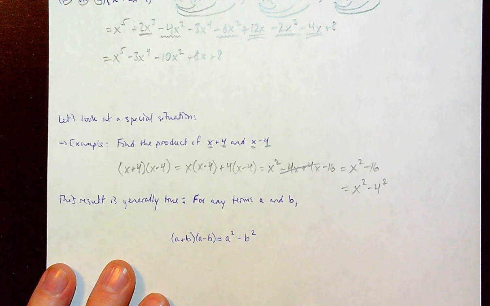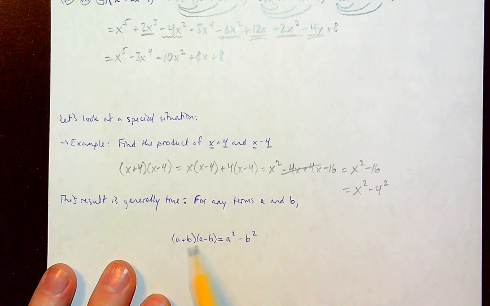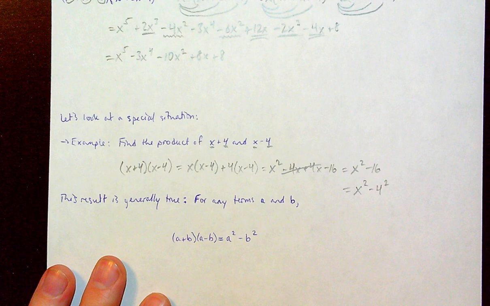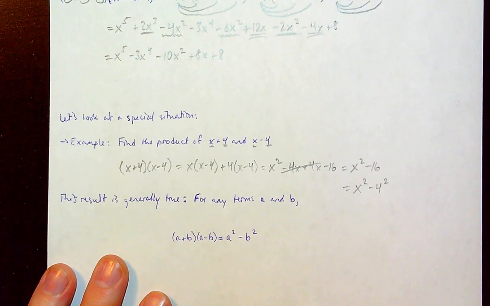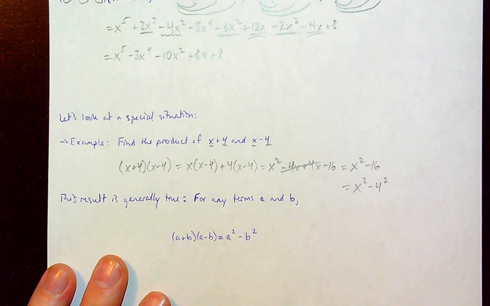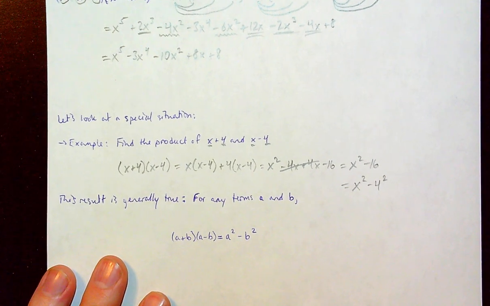It could be two variables, it could be two numbers, it could be one number and one variable, whatever. A plus b times a minus b is equal to a squared minus b squared. So we will be seeing this happening quite a bit as we get later on in our course.